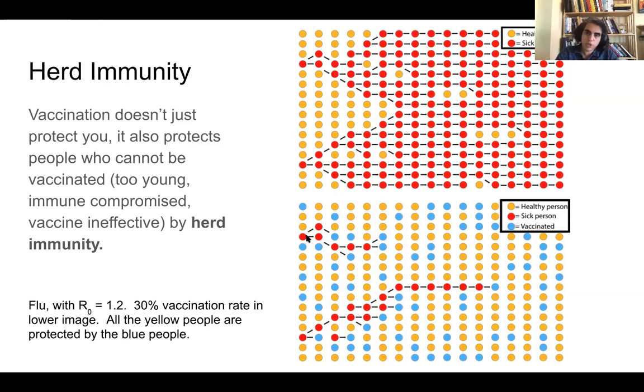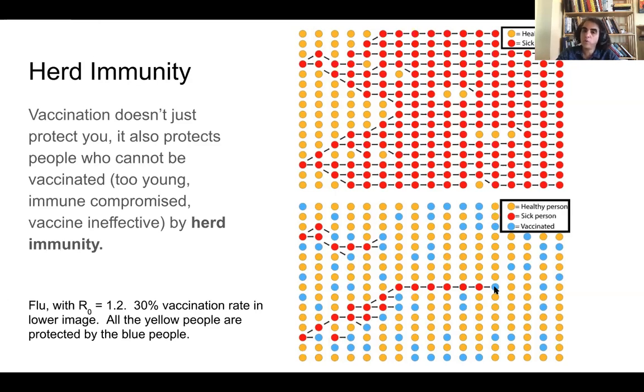So even with this pretty low vaccination rate of 30%, you can see that our chains of transmission of the flu start running into vaccinated people, and they stop. So this flu transmission chain ended here with these vaccinated people stopping it. This one went on for a little bit longer, but again, it dribbled out. We had an R value with this vaccination rate of 30%.